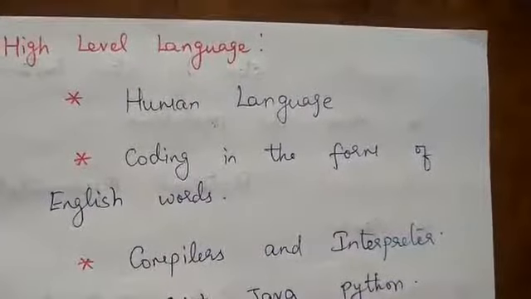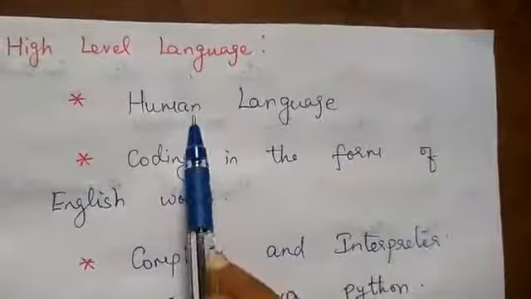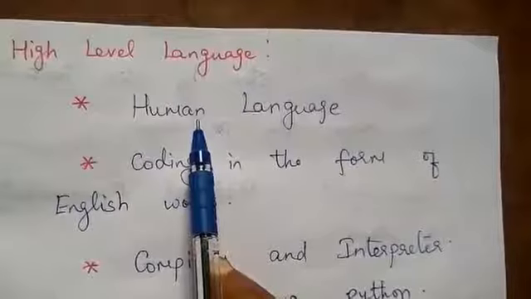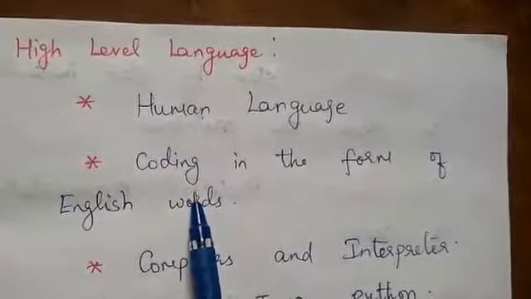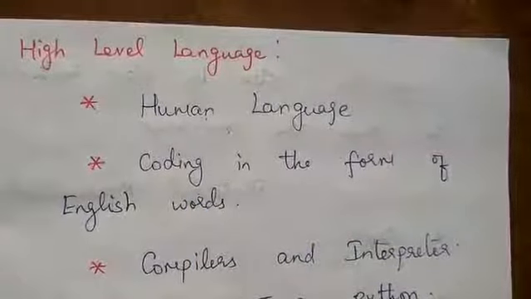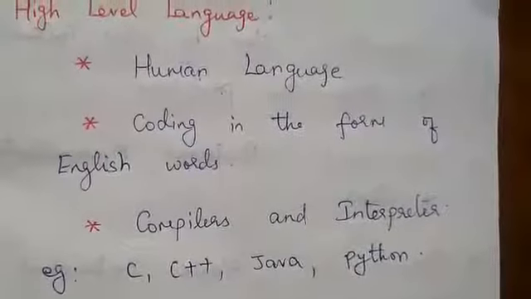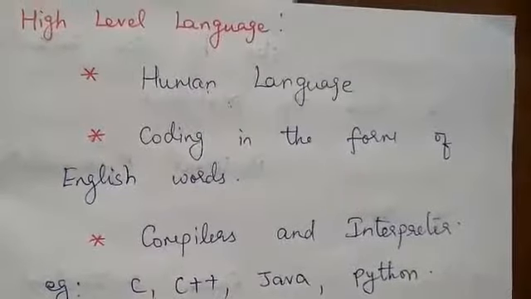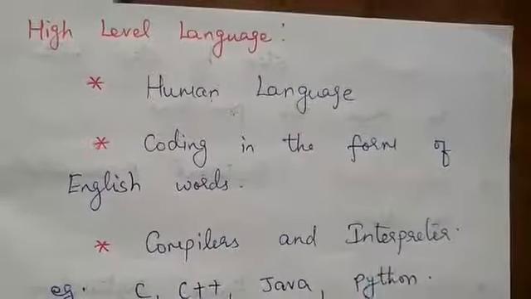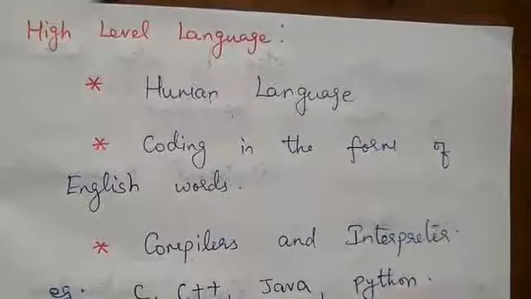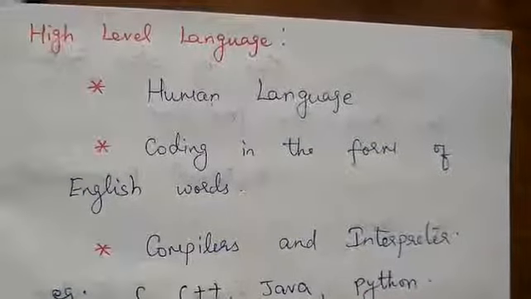So, high-level languages are human language, which is easily understandable by humans. Codes will be in the form of English words. These English words will be converted into binary number using the compilers and interpreters. So all these high-level languages will have their own compilers and interpreters.